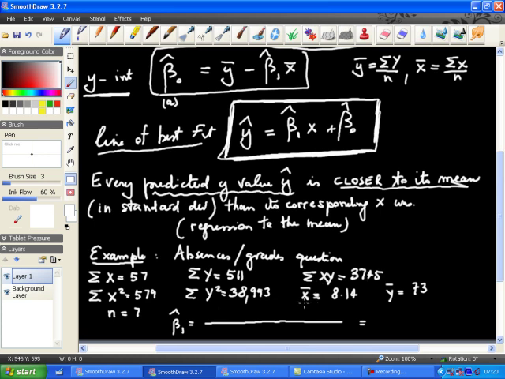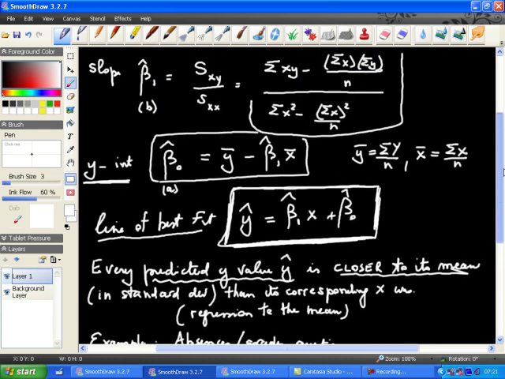And then I'm finding x bar, which is the sum of x, 57, divided by 7, so it's 8.14, and y bar, which is the sum of y divided by n.